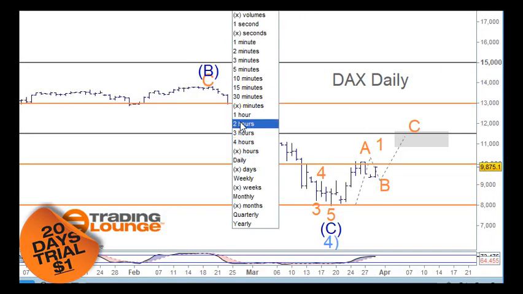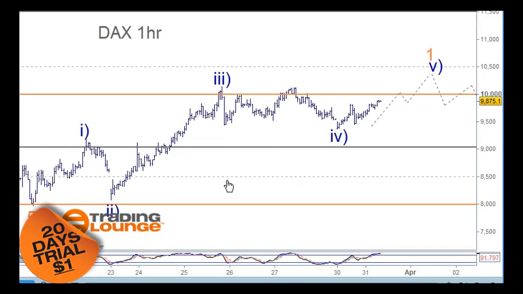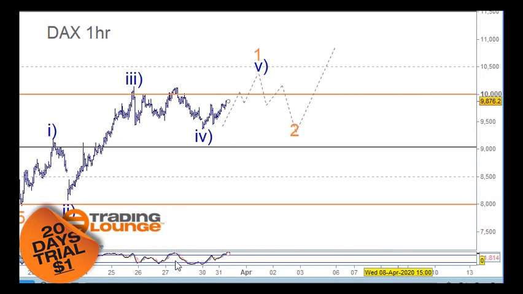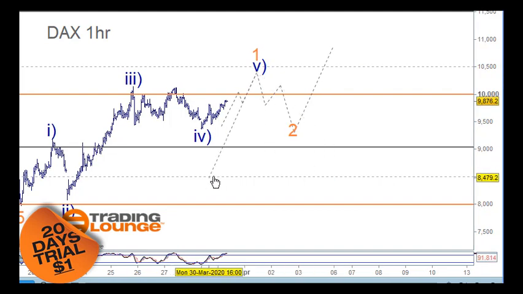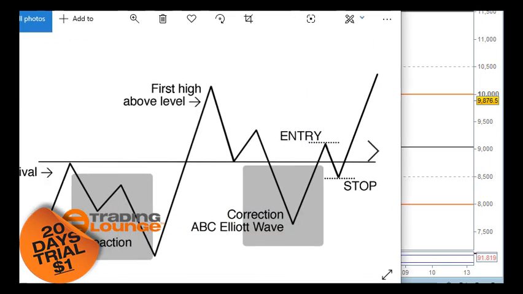So just coming back to the hourly chart. This would be our long trades over here. This would also be the classic trading levels pattern that we're looking at in terms of a setup across that 10,000, which would be this pattern here.